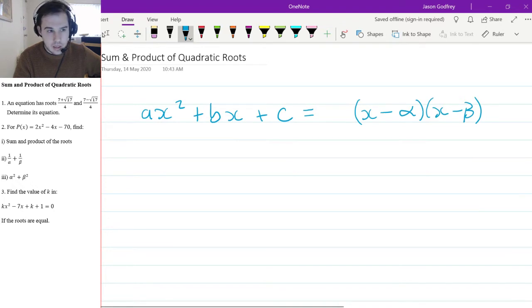We don't have this factor a here, so if we put that factor a out the front and expand this, it'll be a x squared plus something times x plus something by itself. So we're going to expand this right hand side out and then get it to match up, and see what happens with the b's and c's and a's and the alphas and betas.